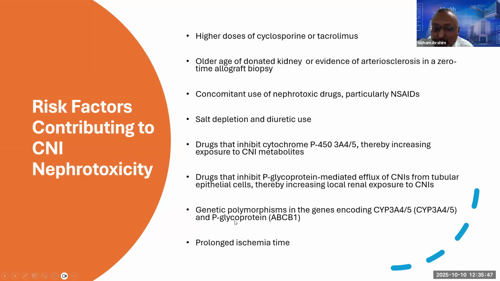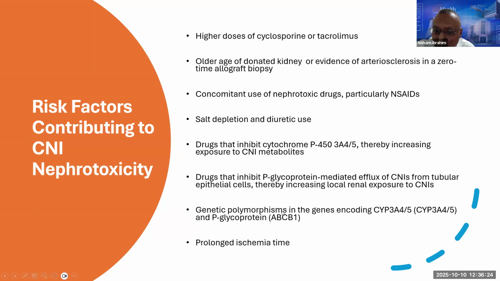And then there are patients who have genetic idiosyncrasies in their cytochrome P450 3A4, or their P-glycoprotein efflux pump. These patients metabolize CNIs differently. When you give them the CNI, they are either rapid metabolizers or slow metabolizers, and they can wind up with abnormal levels of these CNIs.